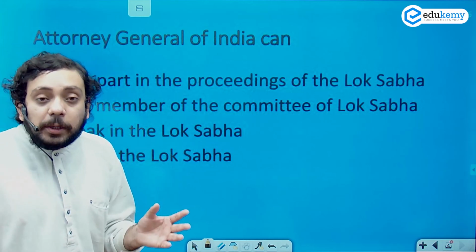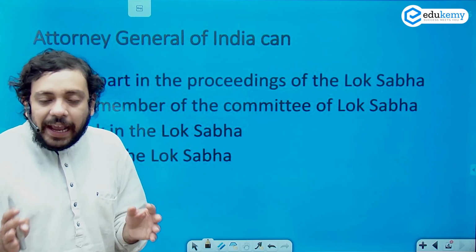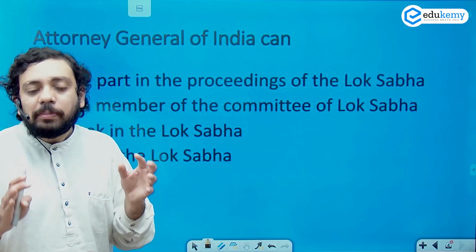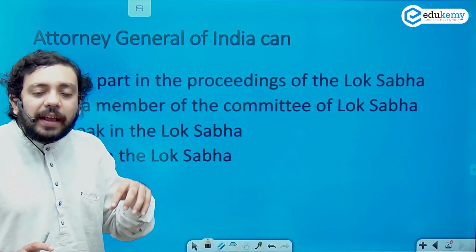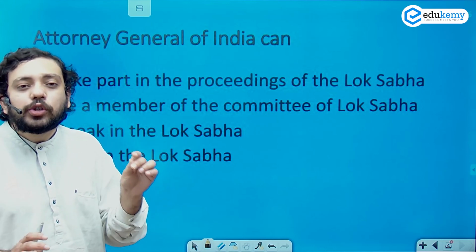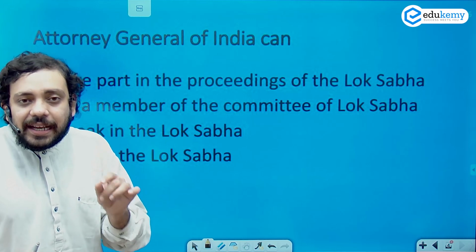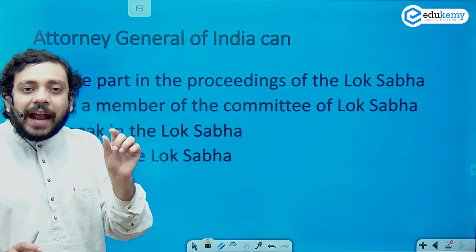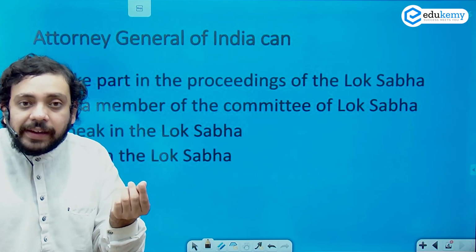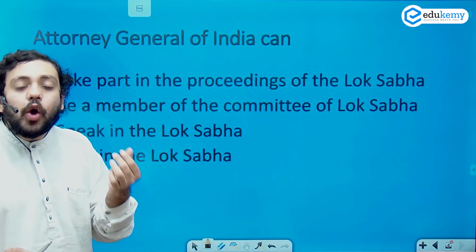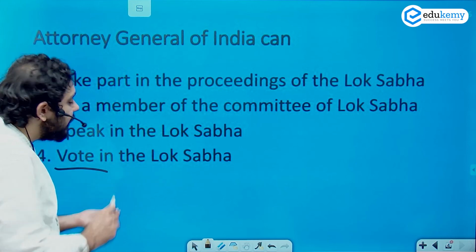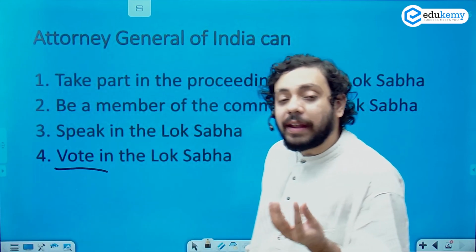That happens because it becomes a necessity in a parliamentary democracy to have the cabinet ministers also become a part of the legislature, so that the legislature can ask questions from the cabinet ministers and hold them accountable. And that is why they also get to have a vote in the legislature. They have a voting power in the legislature.